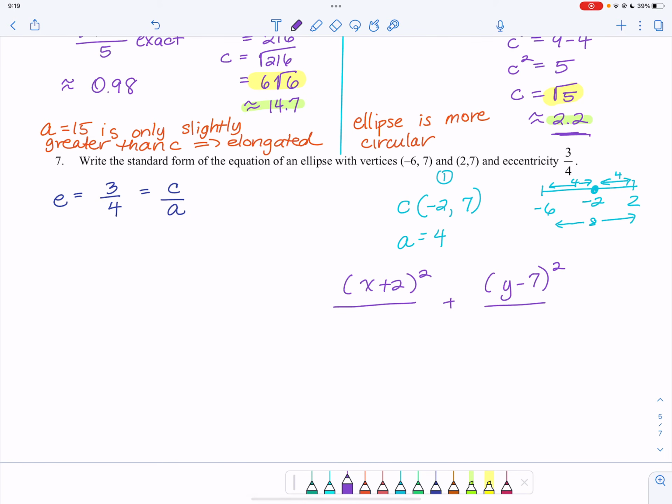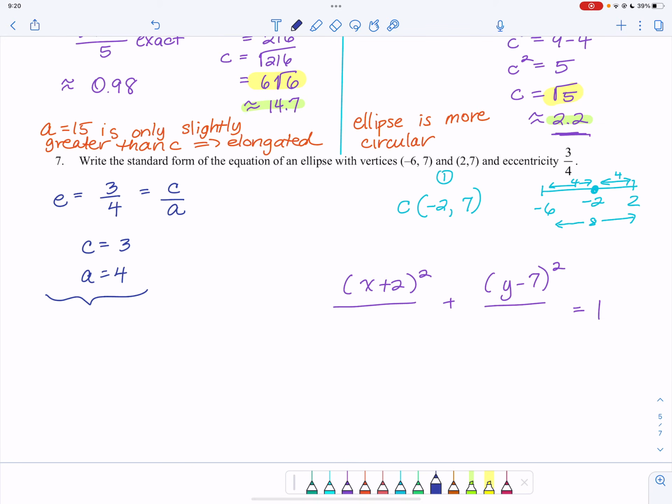And now we need to decide whether we have the a squared under the x squared term or under the y squared term. So I probably should not have written this a equal to 4 yet, because what we have over here is c is equal to 3 and a is equal to 4.